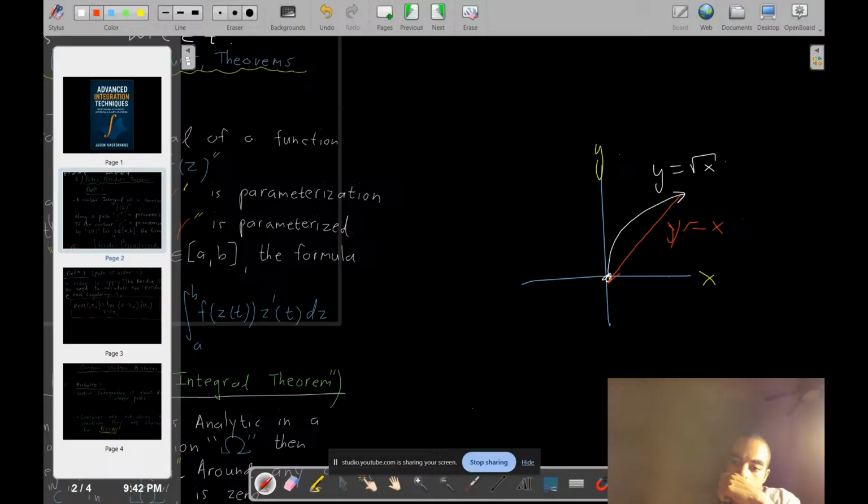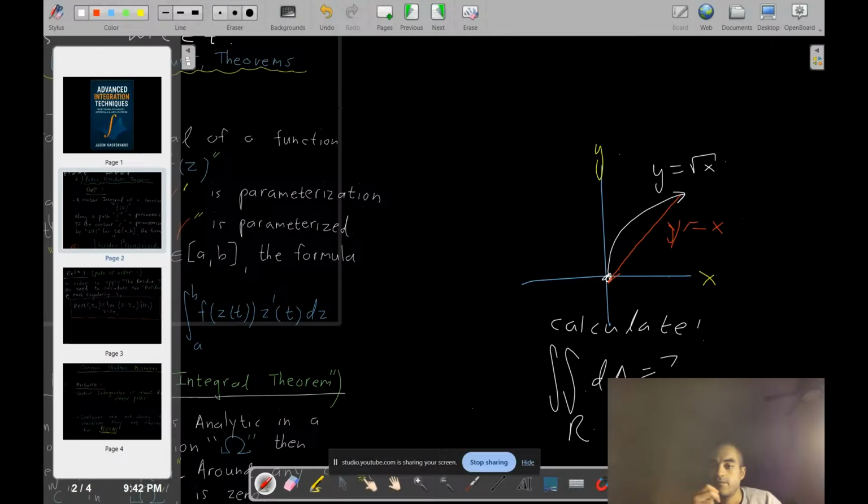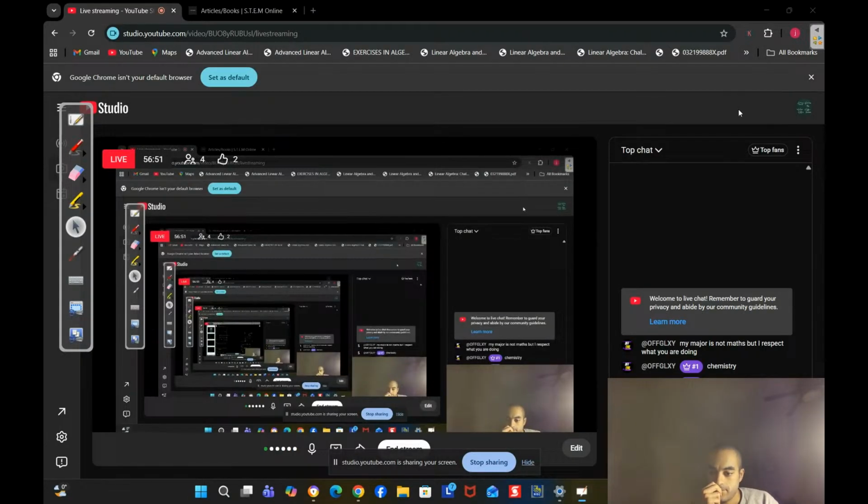And let's say they ask you to find or calculate the double integral over the region of dA, for instance. This is a classic example.